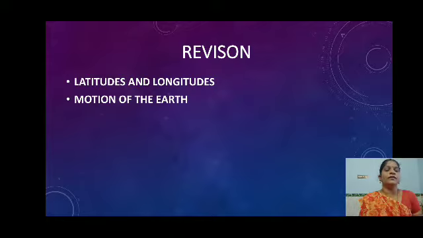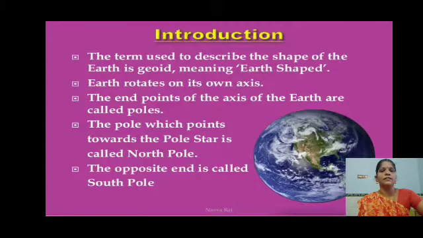Yes, today the second chapter in geography is latitudes and longitudes. Motion of the earth is the third chapter. Okay. Latitudes and longitudes are the imaginary lines which run around the globe and also on the earth.